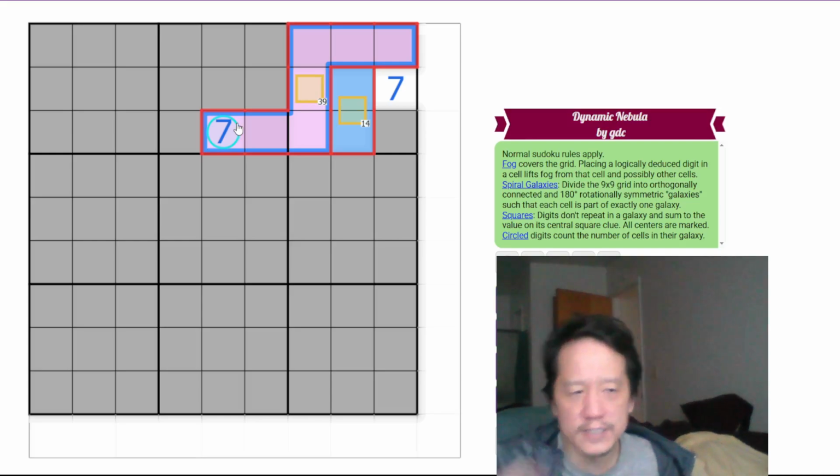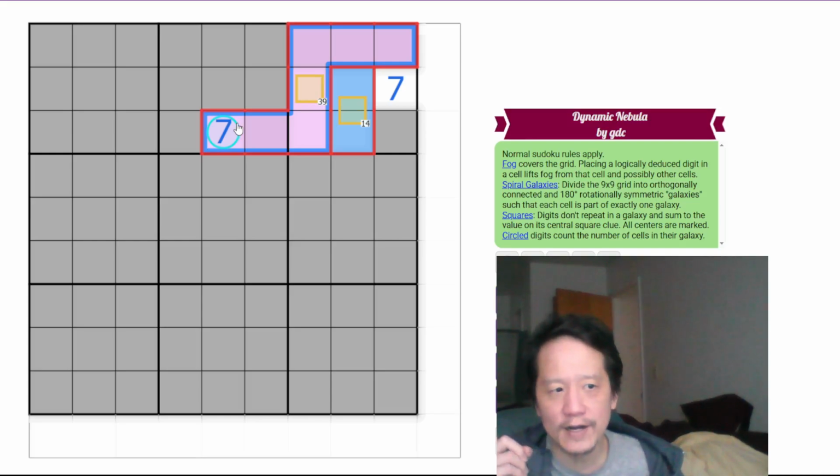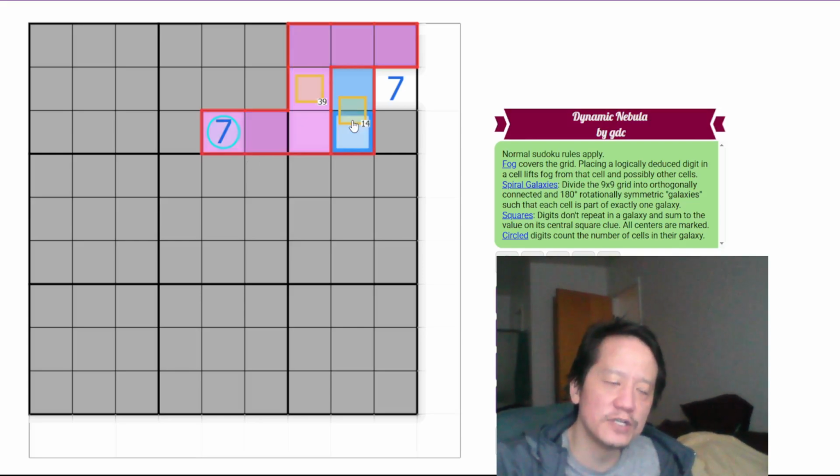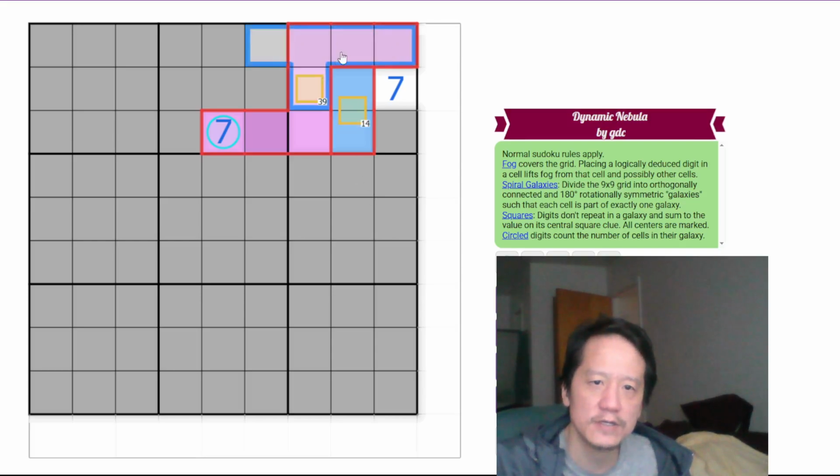Well, we already said that 1, 5 or 2, 4 cannot be in this galaxy. This digit, if it were 6 or 8, would have to be in this galaxy, so that would eliminate all possibilities for this galaxy. If it were 9, it could not be in this galaxy. Sorry, it would eliminate 9s in this galaxy, which we know there has to be a 9 in this galaxy.